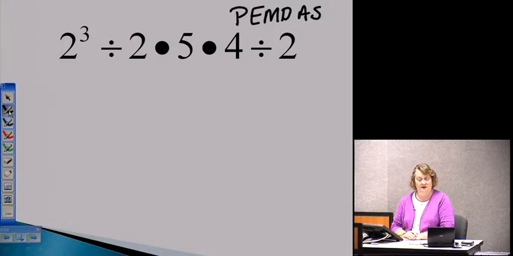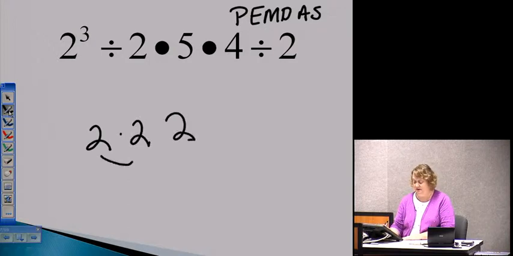So 2 to the third equals 2 times 2 times 2. 2 times 2 is 4. Times 2 equals 8.